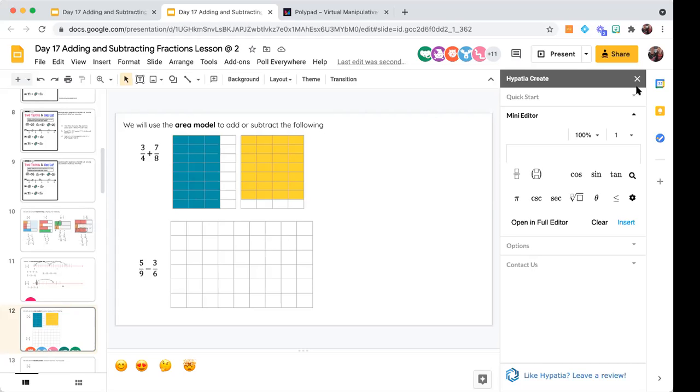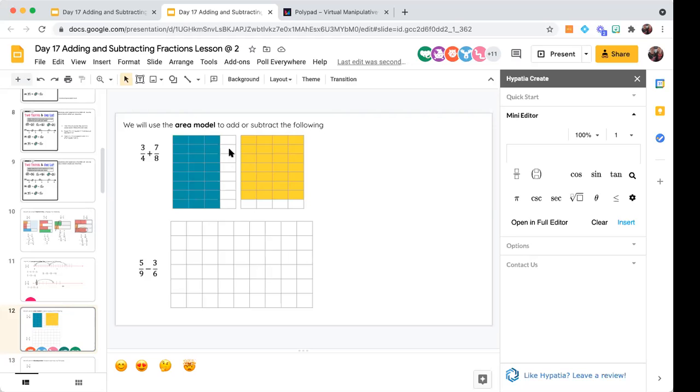Yeah, all those little boxes inside my whole are the same. And actually there are 4 by 8 of them. So there are 32 little boxes in each one, right? So if there's 32 little boxes, I'm adding these together, right? The left one is 3/4, the right one is 7/8. I want to add these all together.